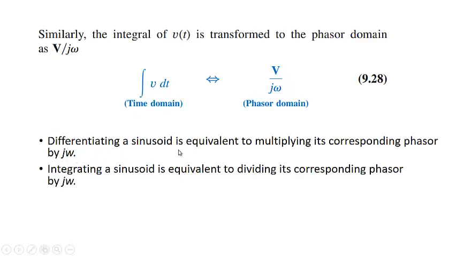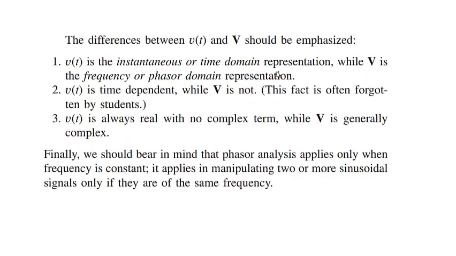So differentiating a sinusoid is equivalent to multiplying its corresponding phasor by j omega. Integrating a sinusoid is equivalent to dividing the corresponding phasor by j omega. This is very simple. You don't have to change the actual phasor; you just multiply by some other factor to get a derivative or an integral.